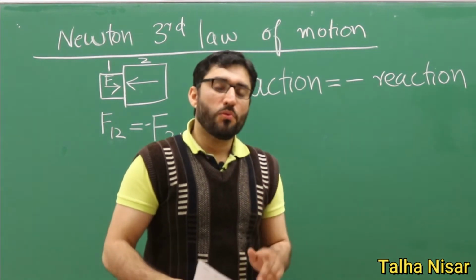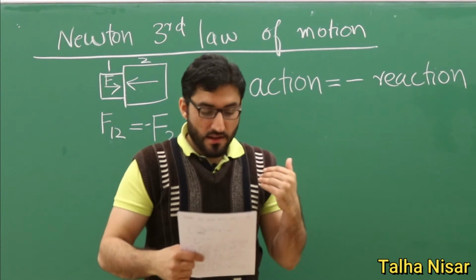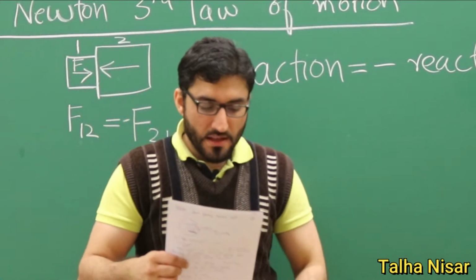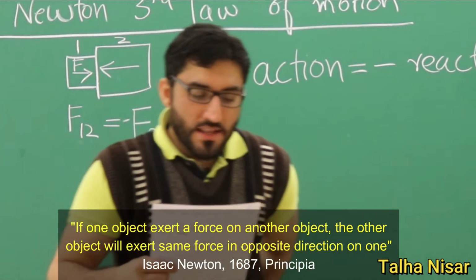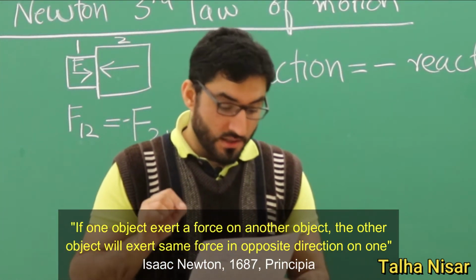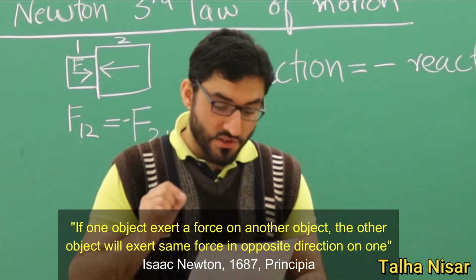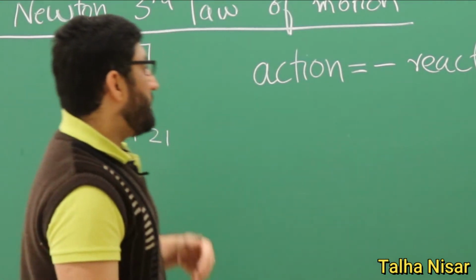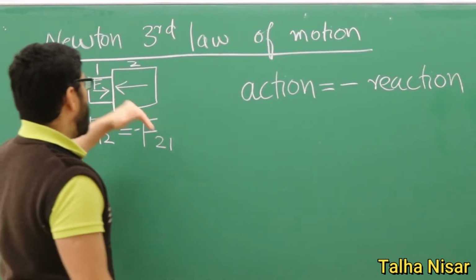And now I will read what Newton actually wrote in his famous book Principia. Newton wrote that if one object exerts a force on another object, the other object exerts the same force in the opposite direction.